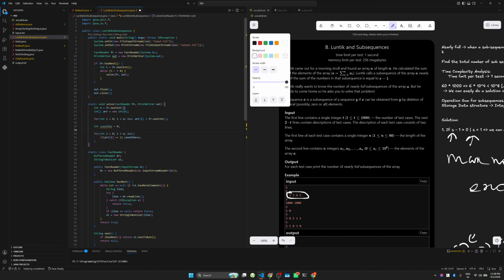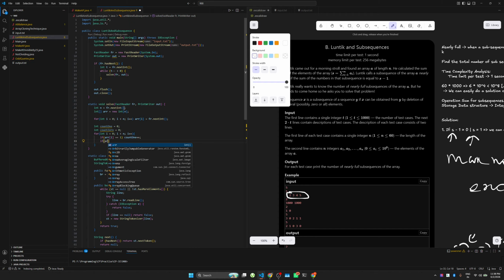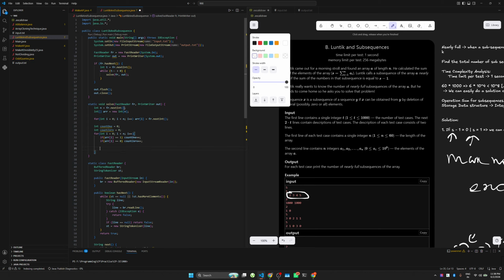Also we can add count0 and the same check but for 0: if a[i] equals 0, count0 plus plus.